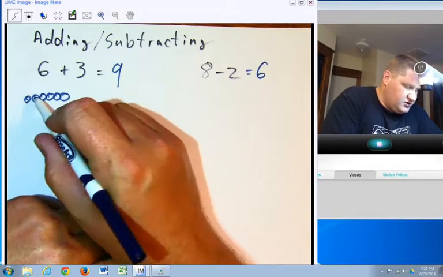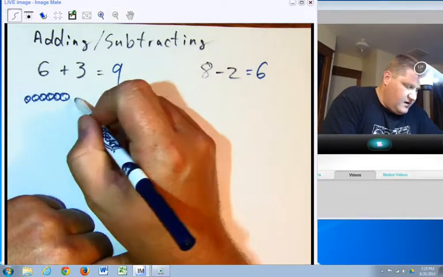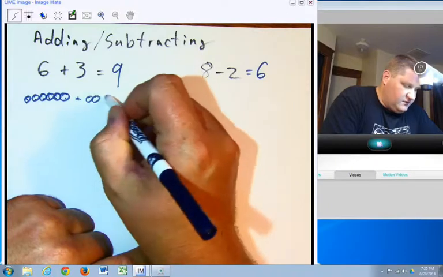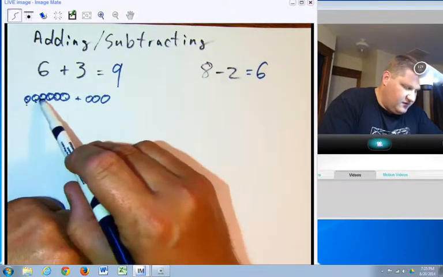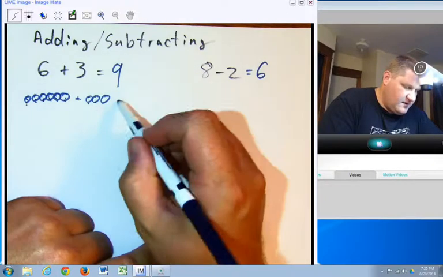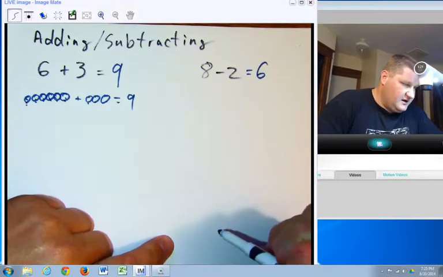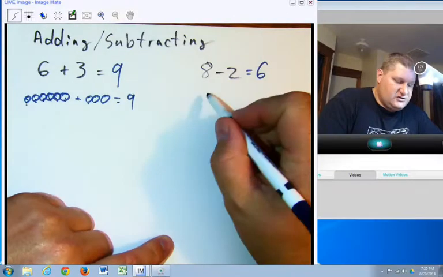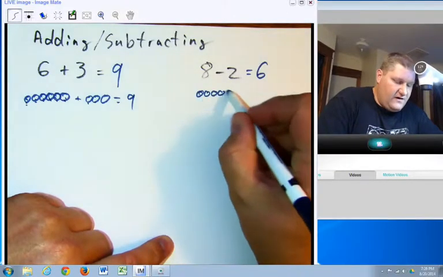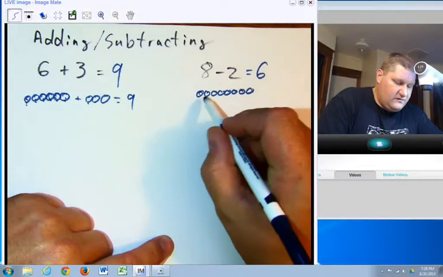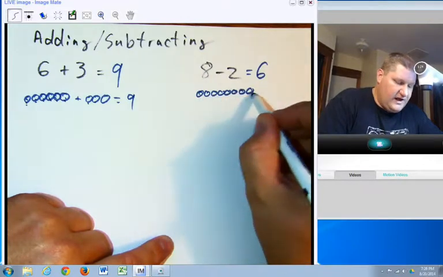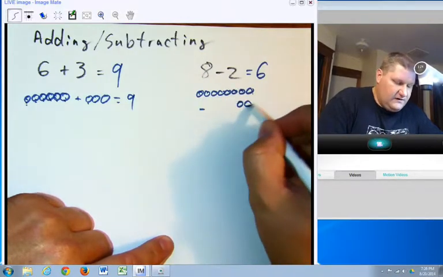1, 2, 3, 4, 5, 6. Plus 1, 2, 3. Well, how many do we have? 1, 2, 3, 4, 5, 6, 7, 8, 9. So we have modeling going on here. Additionally, we have 8. Take away 2. Well, gone, gone.